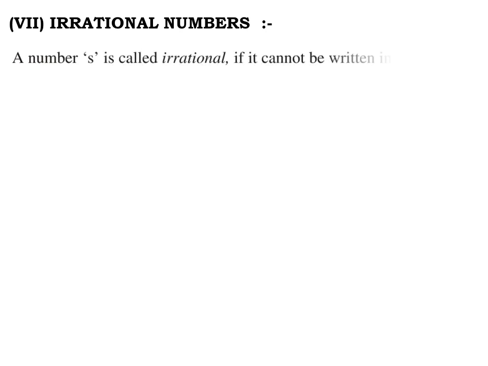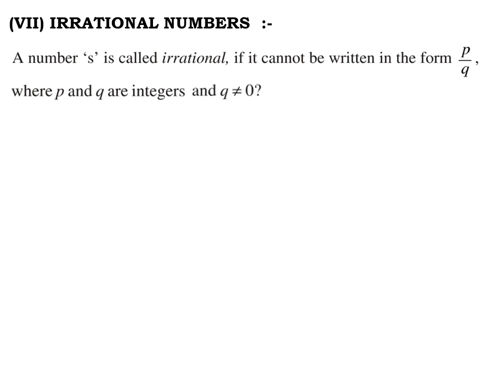We have discussed the first exercise, and now the new type of numbers, irrational numbers. Which numbers are irrational? Those numbers which are not rational are called irrational numbers. The definition: a number s is called irrational if it cannot be written in the form p by q, where p and q are integers and q is not equal to 0.